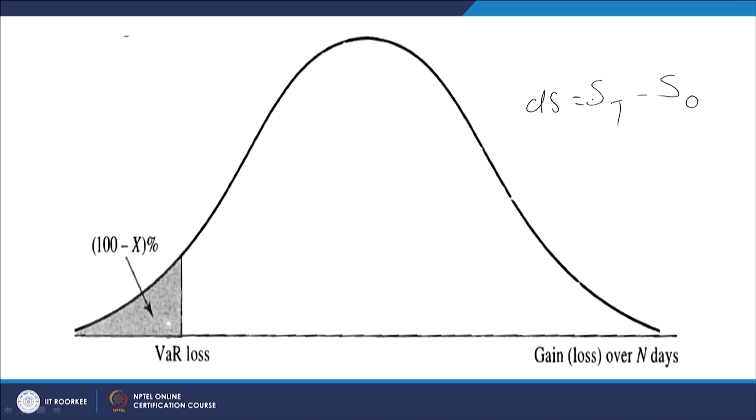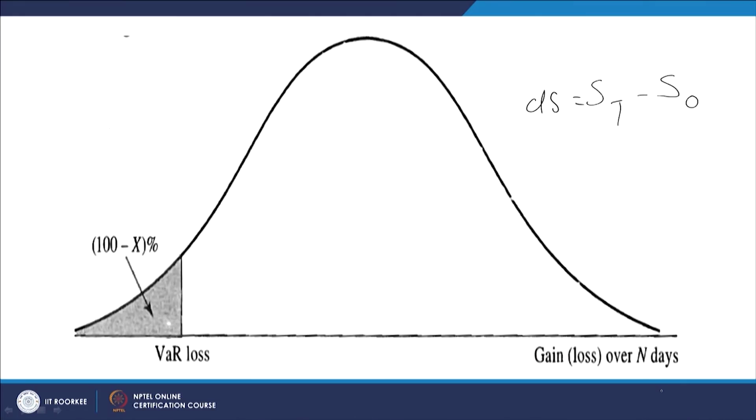In other words, DS positive represents gains, DS negative represents losses. That is, if you are talking about a gain distribution, which is what is usually considered. You can of course have a loss distribution as well, it will be inverted, but the convention is to consider a gain distribution. So, DS positive moves in this direction, DS negative moves in this direction.